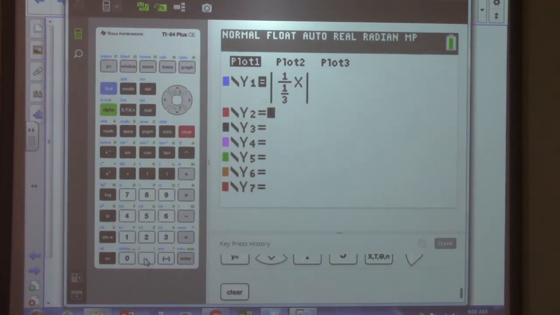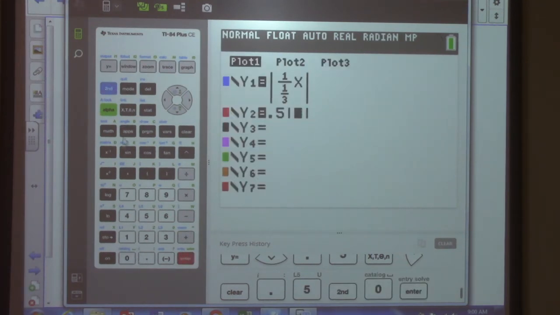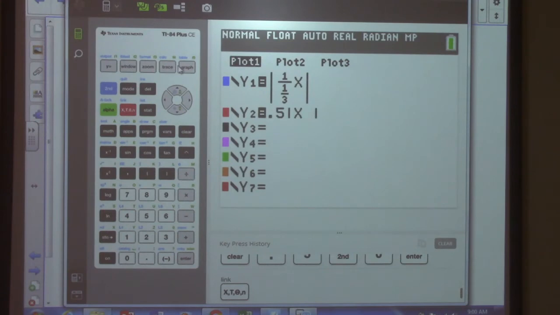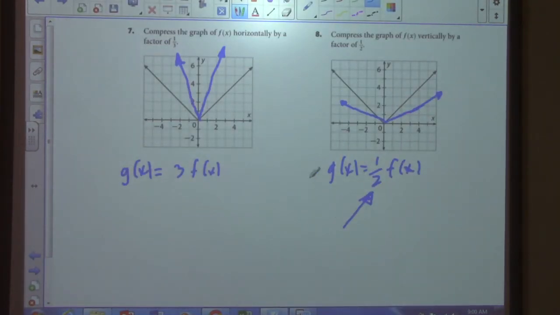Let's do that. See if this looks right. I think it should look right. Yeah, that does, right? Slope of 1/2. Okay. All right, very good. So these would be our answers, I guess.